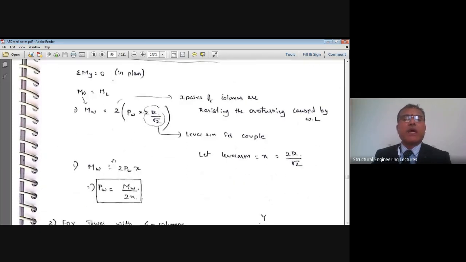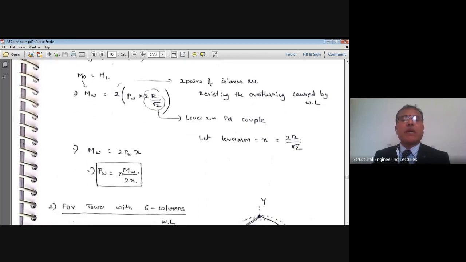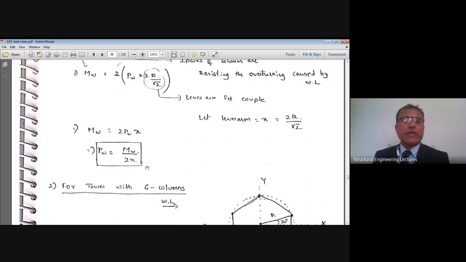Then equating both of these, I have MW is equal to 4 PWR divided by root 2. Or if I say root 2r by root 2r, root 2r is equal to x, then I can write the above equation as 2PWx, or MW is equal to 2PWx. Hence the additional axial load due to the wind, PAW, in such a case is equal to the overturning moment MW divided by 2x.